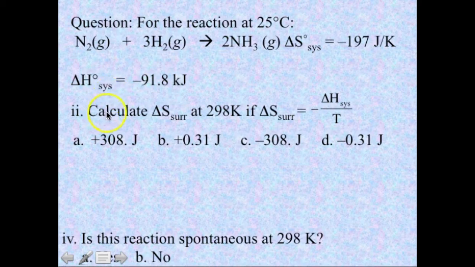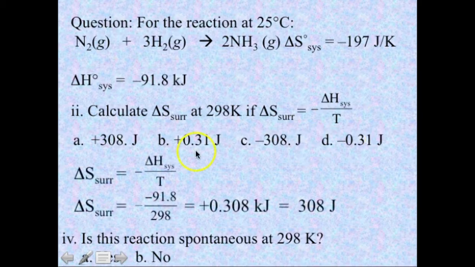So calculate the change in entropy of the surroundings at 298 with this formula. The change in entropy of the surroundings is equal to minus the enthalpy of the system divided by the absolute temperature. Which one of these is it going to be? Turn your playback off, do it, and then come back for the answer.